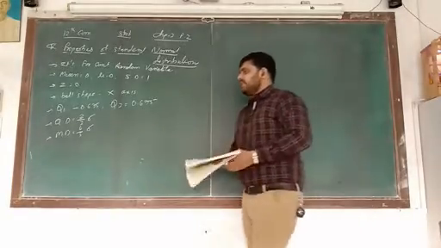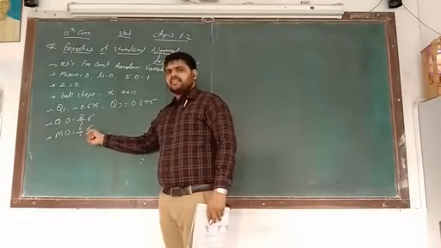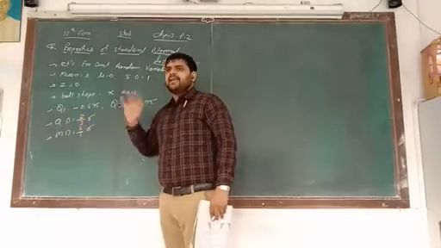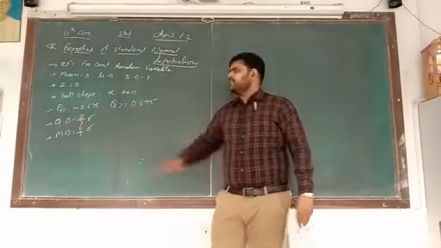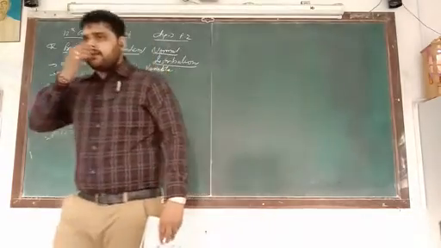This one is very important, because in our next example it can be asked to find the quartile deviation or the mean deviation. At that time we have to use this formula. So it is an important one.